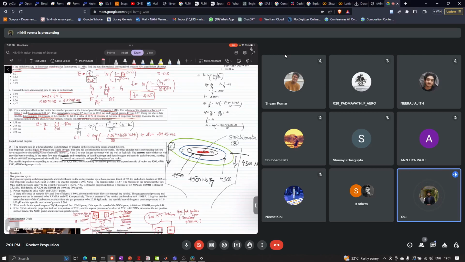So we have a stratified mixture, right? In the outer region it is fuel rich, and as you go toward the center, we have a stoichiometric mixture. So how do we calculate the overall mixture ratio?